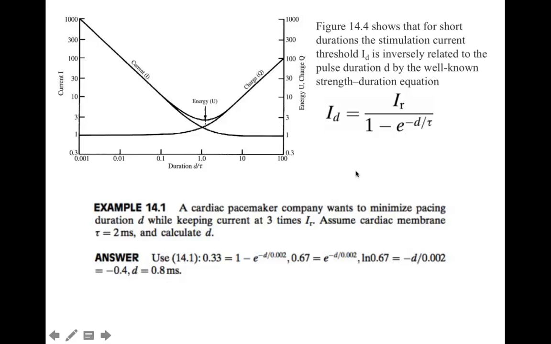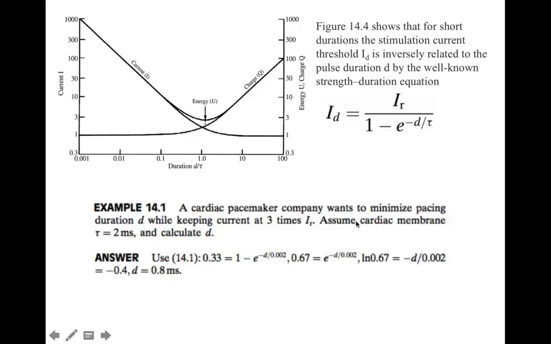So here is an example of how this equation is used. You basically have a cardiac pacemaker company, and they want to deliver short pulses. They want the current to be basically 3 times the threshold current. They want to know what is the duration.